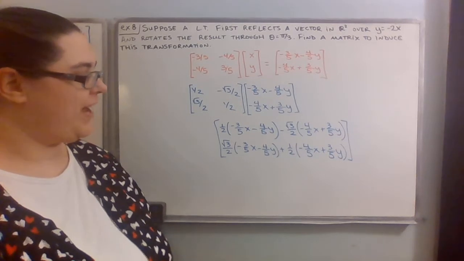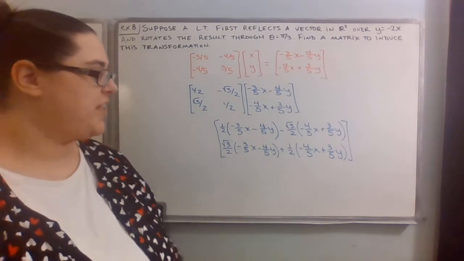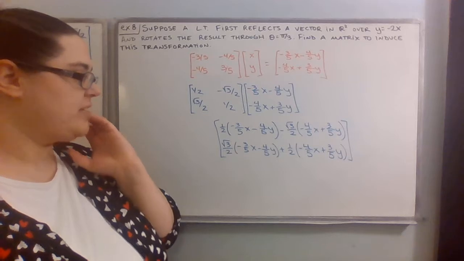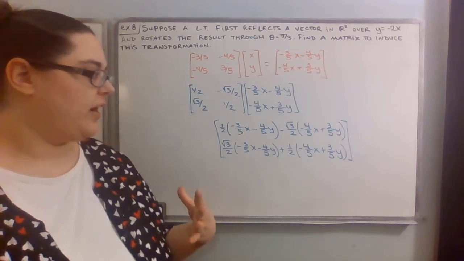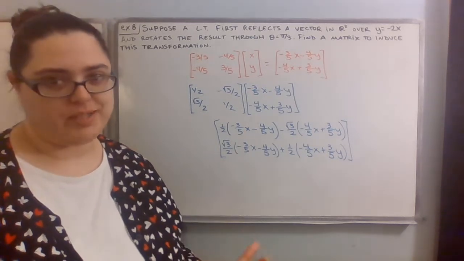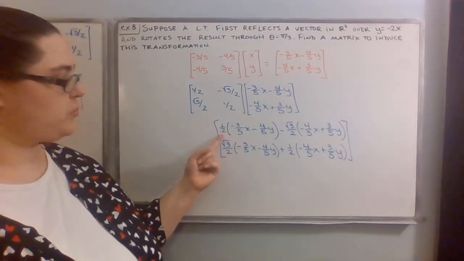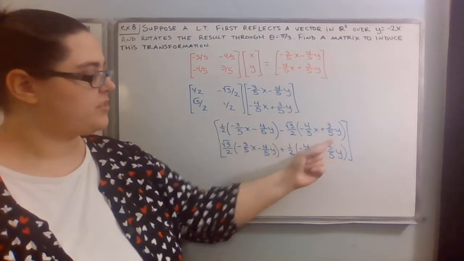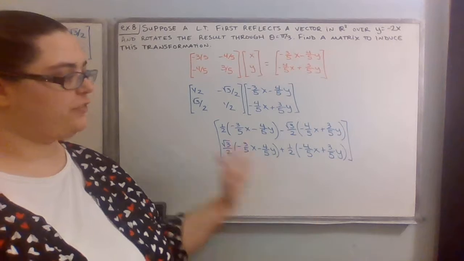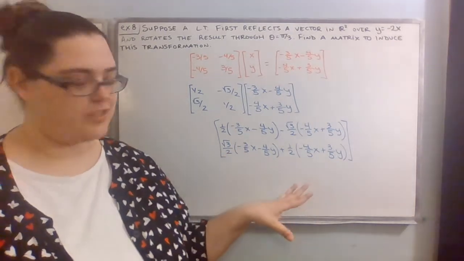So let's go ahead and combine our like terms. Now, one thing I'm noticing is that everything's going to end up being divided by 10, because this 1/2 times these fifths is going to result in tenths. So I'm going to factor out a tenth so I don't have to keep writing these fractions.